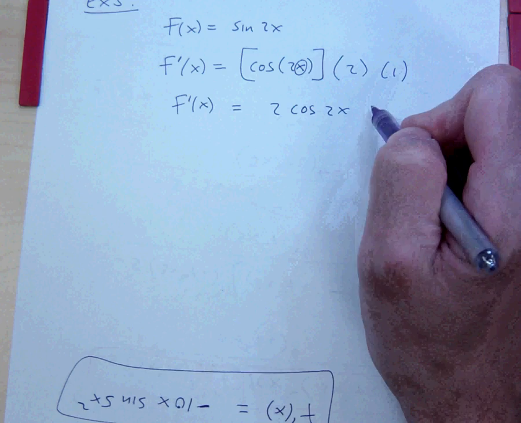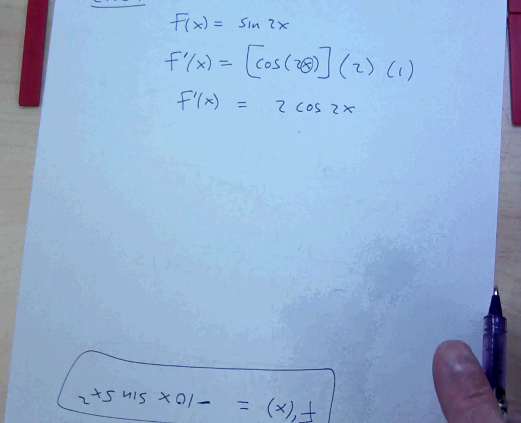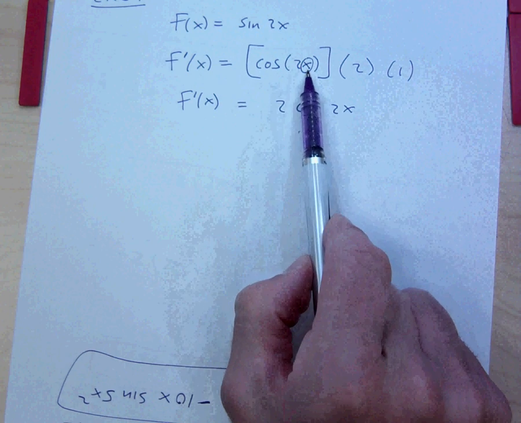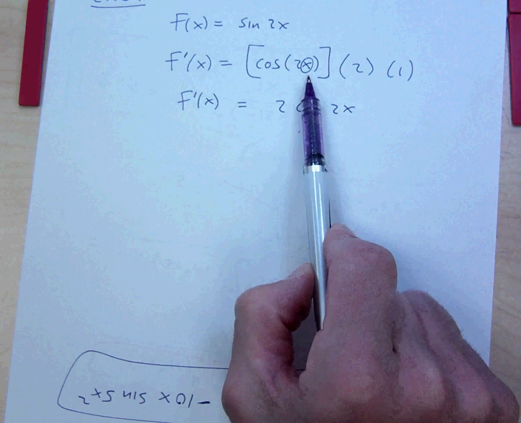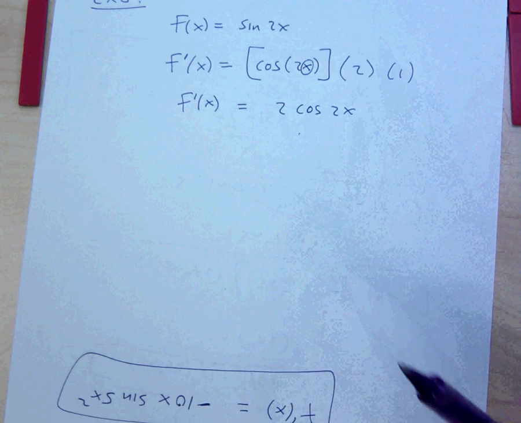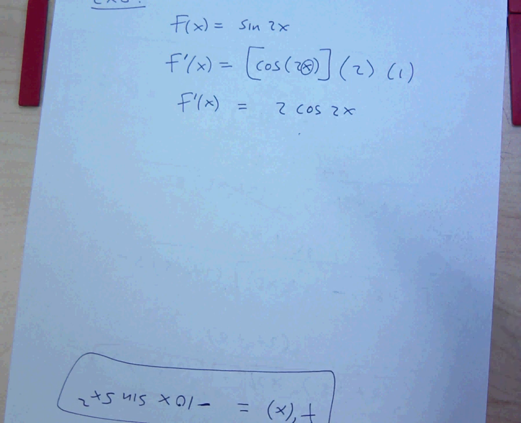Would that really change the answer? No. So if you're wondering why I didn't keep doing it on something like this, eventually I got to the inside of the inside, which was x, and the derivative of x is just 1. So at that point you're done. Does that make sense? Yes? Okay.